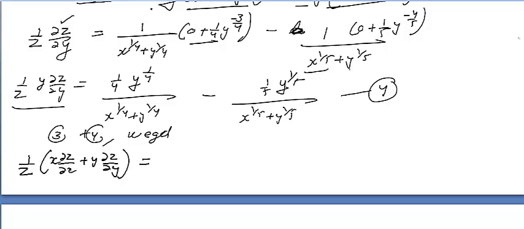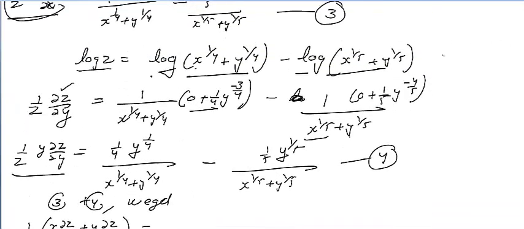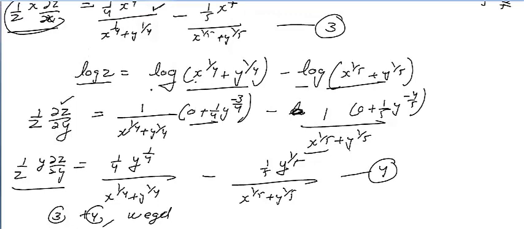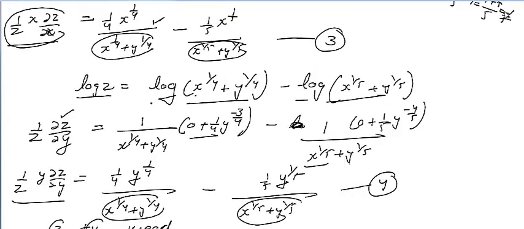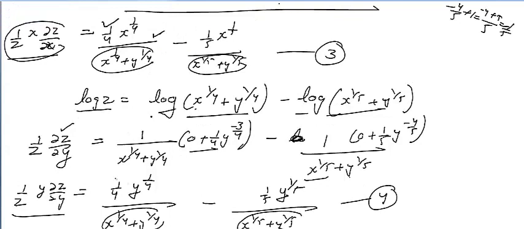Now if you take the right hand side of both, the denominator of this term is the same, and the denominator of the second term is the same. You will add only the numerators, and the numerator will be the same, because when you take 1 by 4 common, you have y raised to power 1 by 4 and y raised to power 1 by 4, and this will be cancelled out.